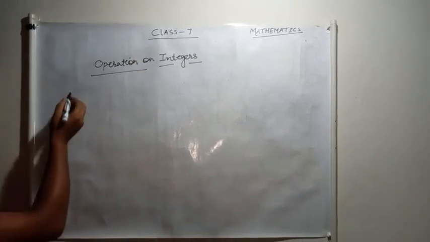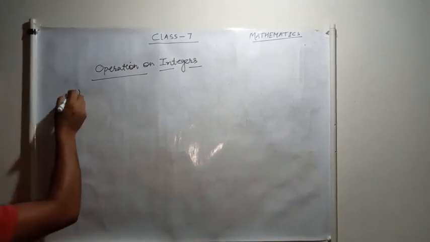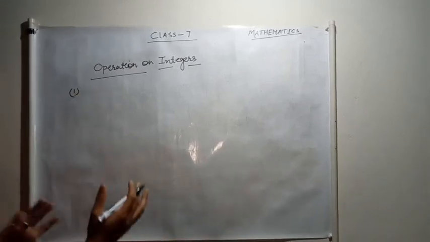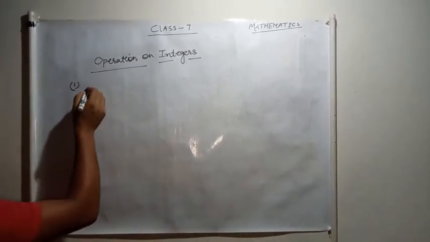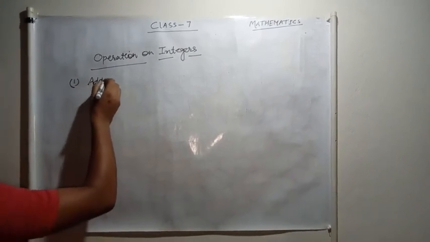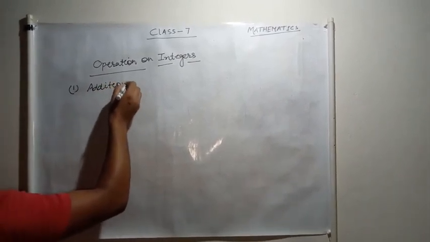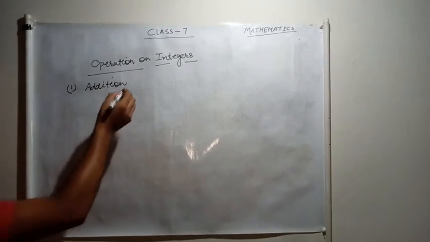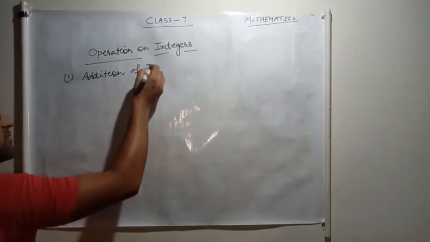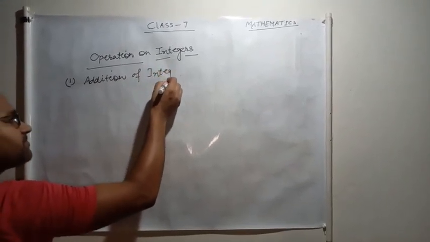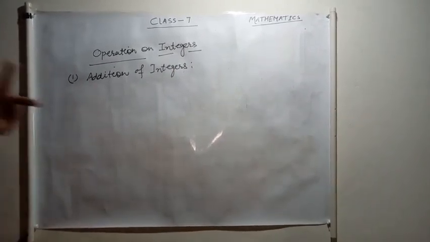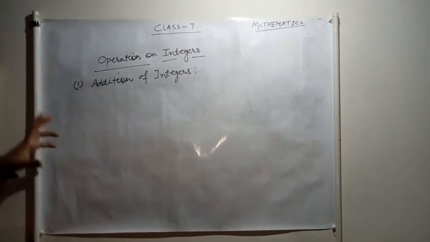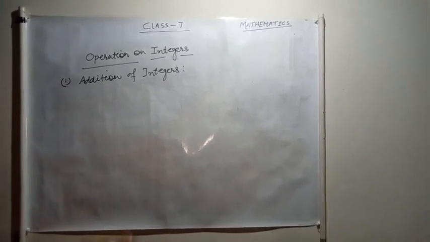In this one I'm taking the first point: how to add two integers, addition of integers. In addition of integers there are two rules. I'm going to explain the rules one by one.